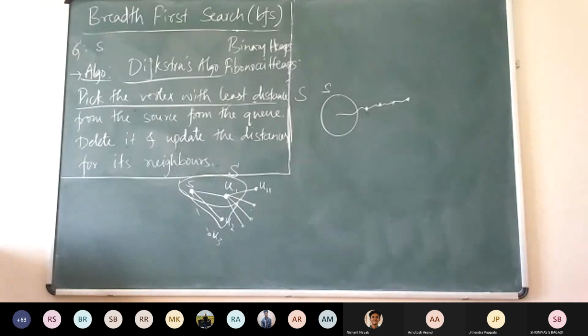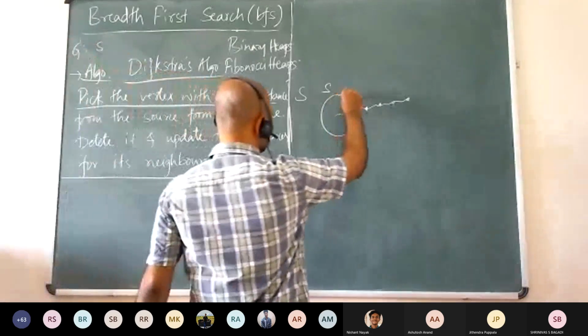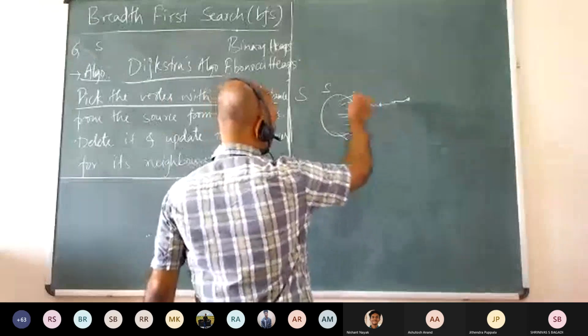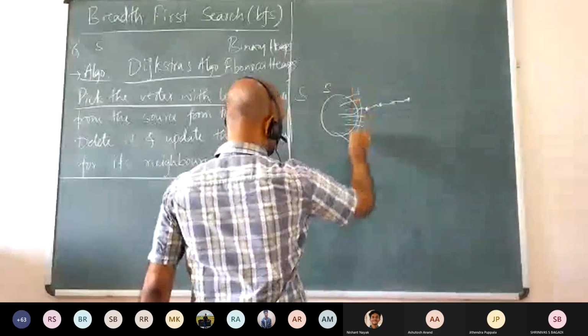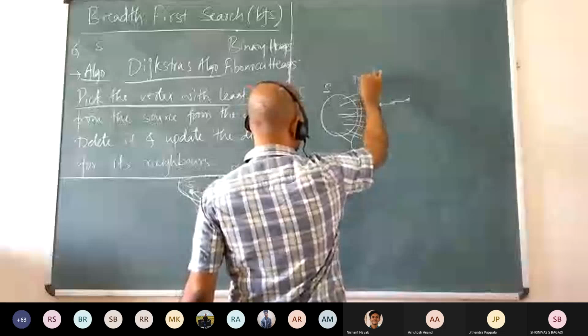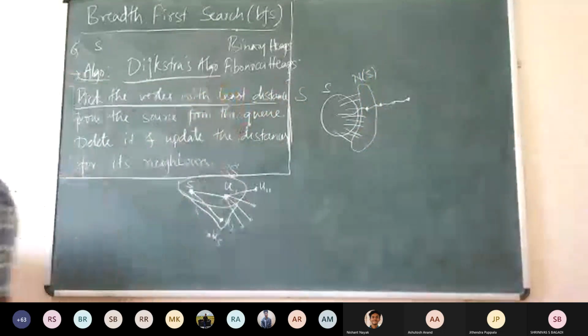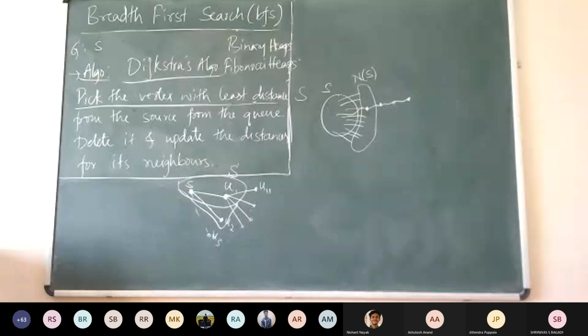So the closest vertex to the source will always be in the neighborhood of some vertex in S. So it's enough to look at just the neighborhood of S to look for the vertex that is closest to the source. That is what we did in the last class.